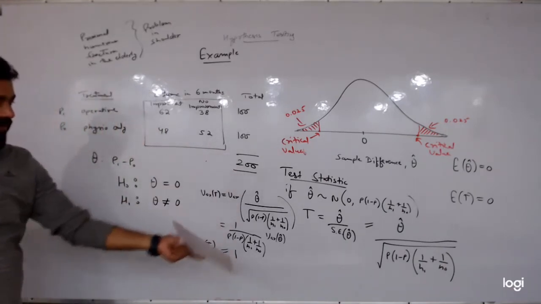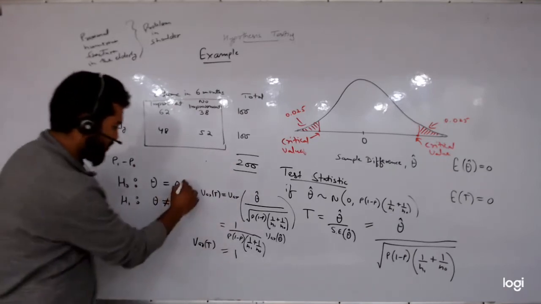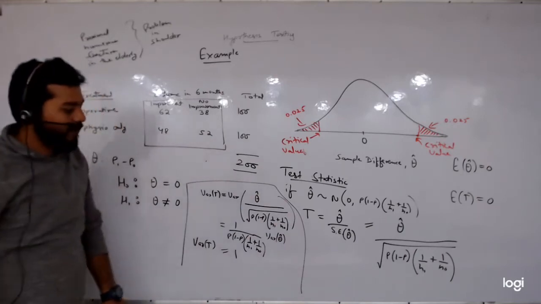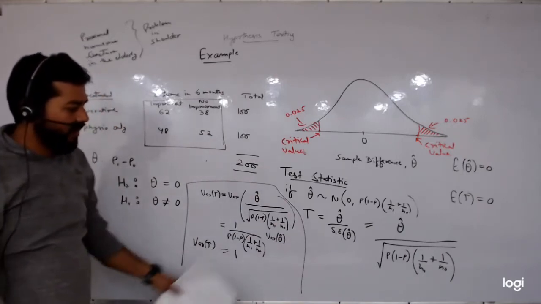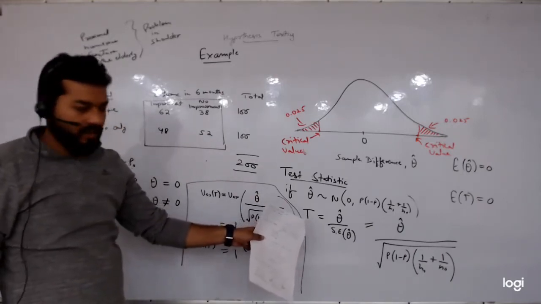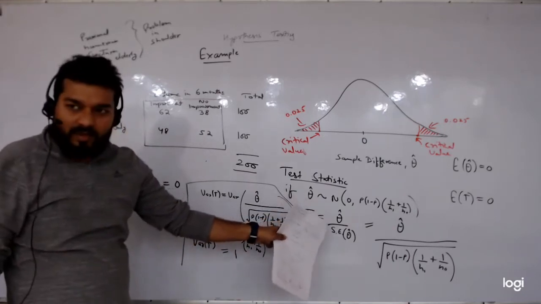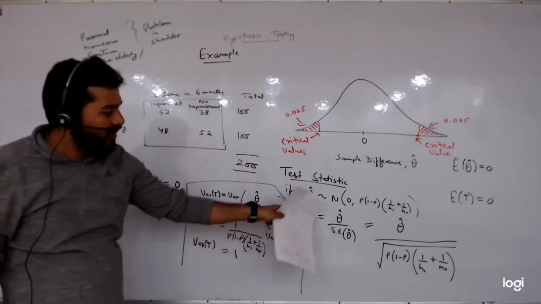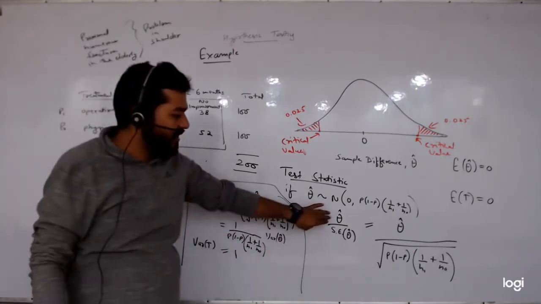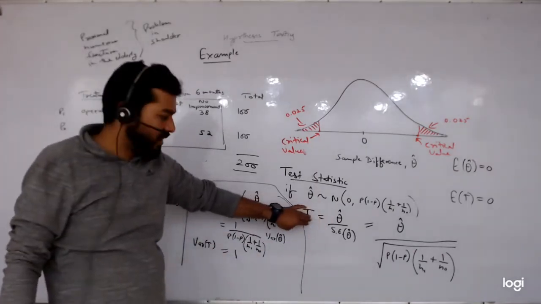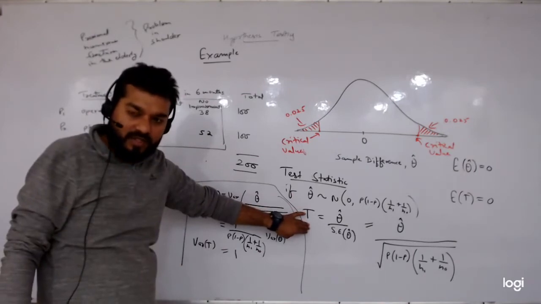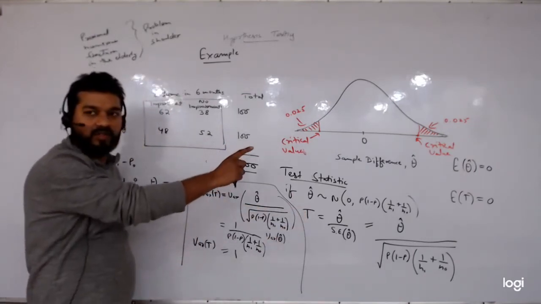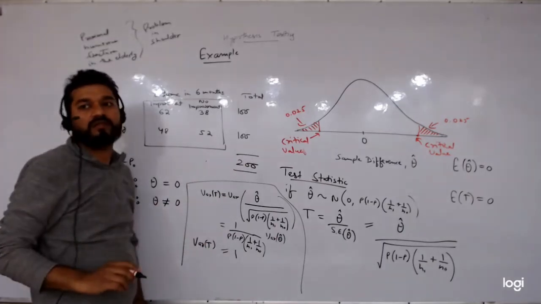What we have established with all this is that our test statistic, which is the standardized form of our sample statistic, will also be normally distributed, since our sample statistic was normally distributed, with parameters expected value equal to 0 and variance equal to 1.